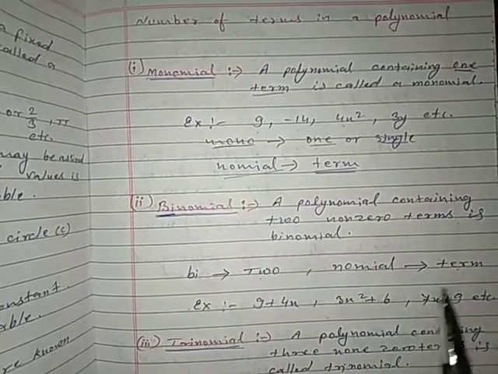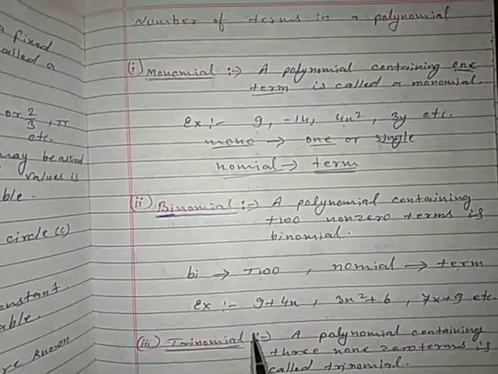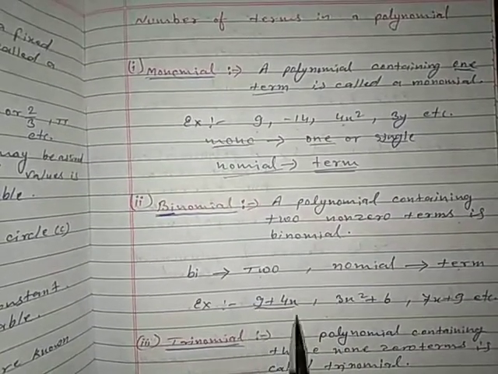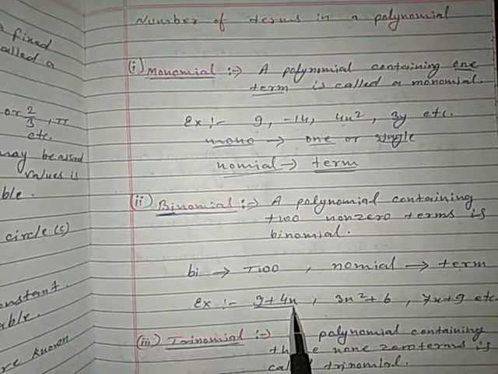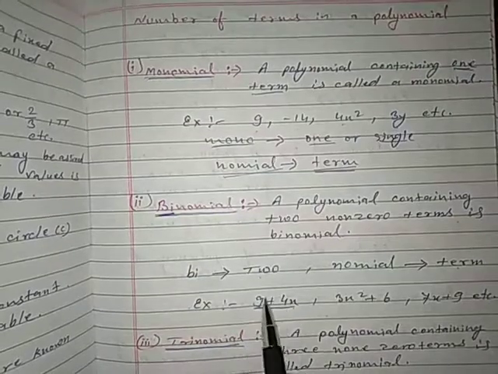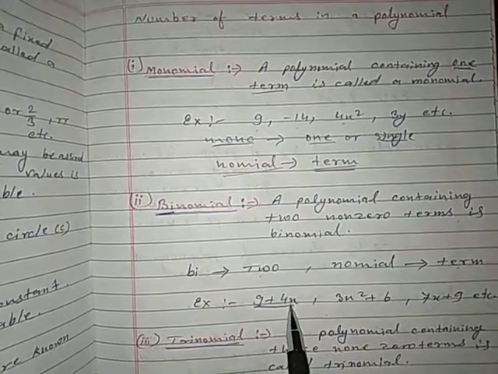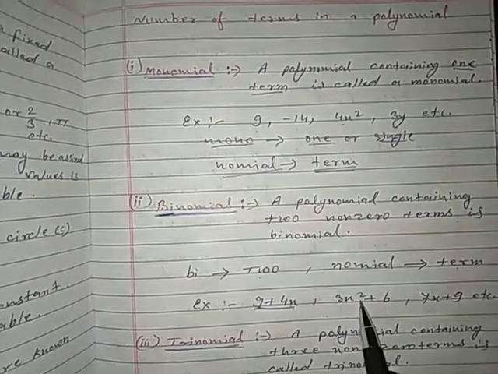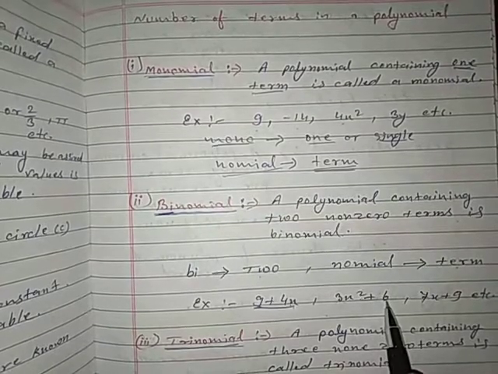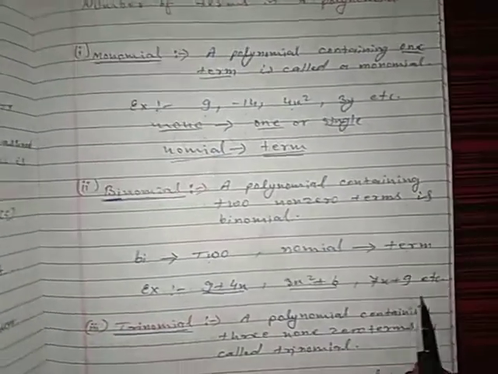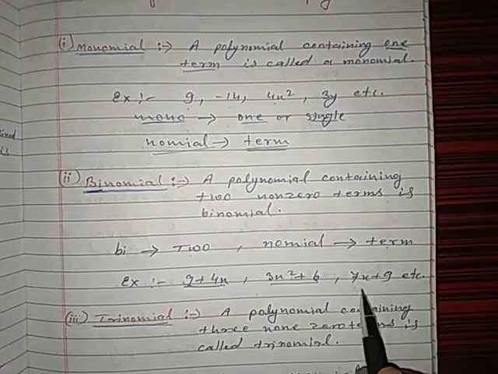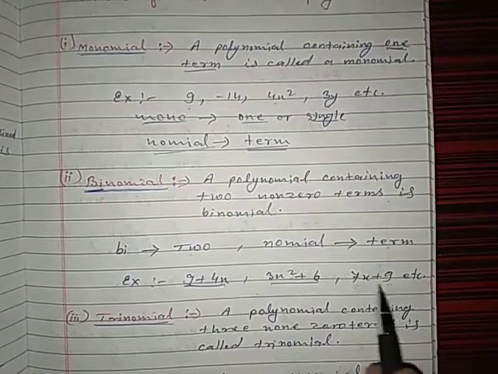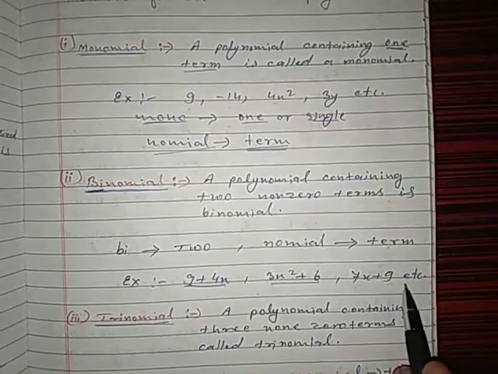A polynomial which has two terms is known as a binomial. Here is the example: 9 plus 4x. Here there are two terms, first and second. 3x square plus 6, here also two terms. 7x plus 9, here also two terms. So these are examples of binomials.